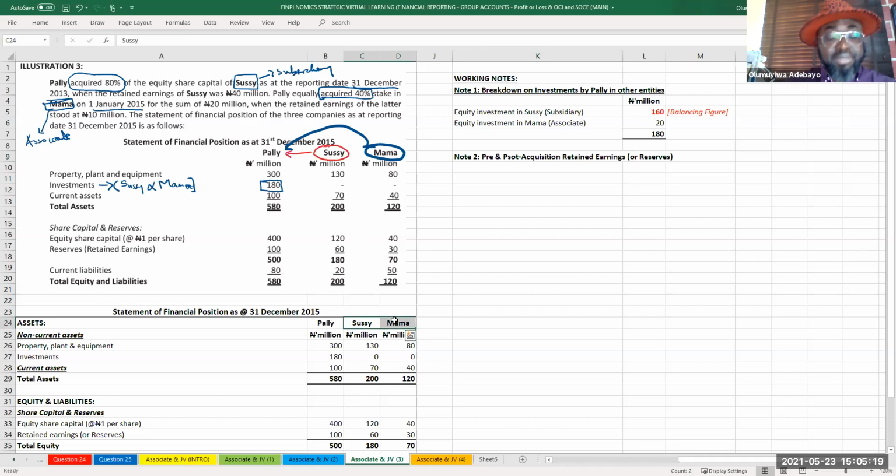We have Suzy and Mama. Call Suzy the subsidiary. Mama is an associate.